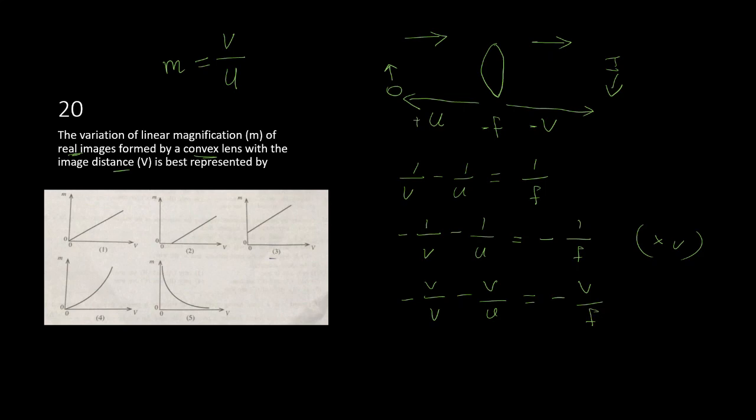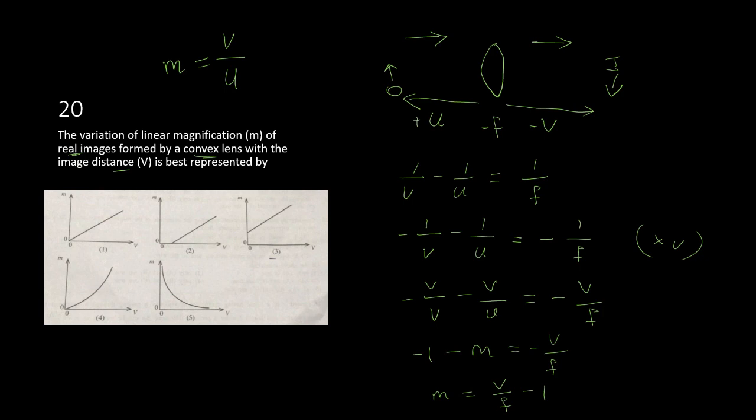So here it becomes minus 1 minus, so v over u is the linear magnification, is equal to minus v over f. So you can just rearrange this equation and write simply m is equal to v over f minus 1.